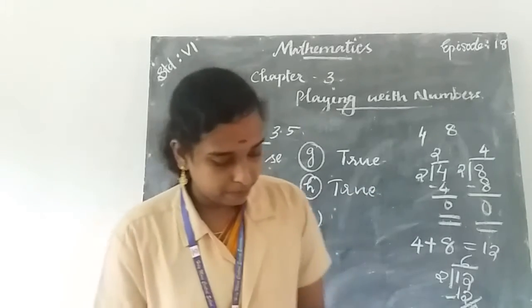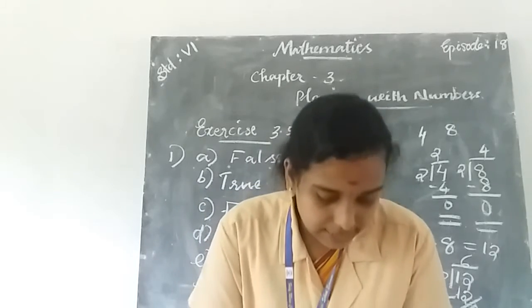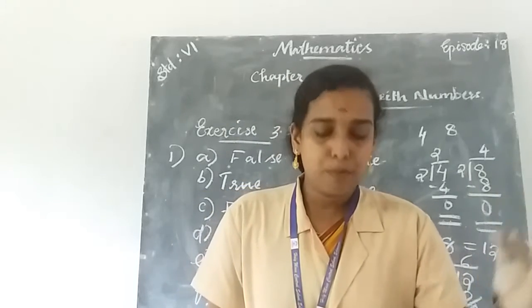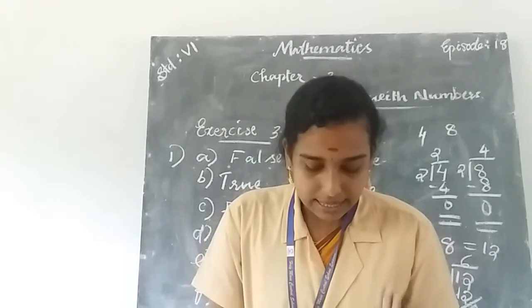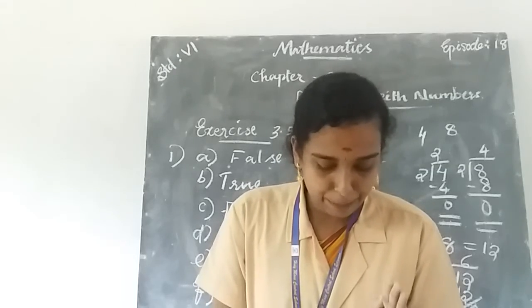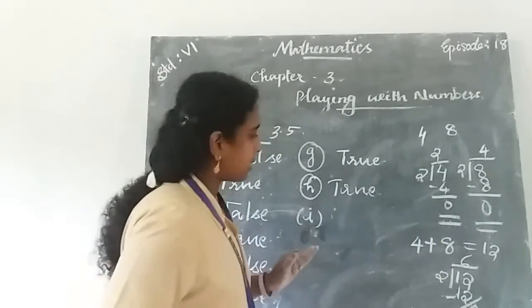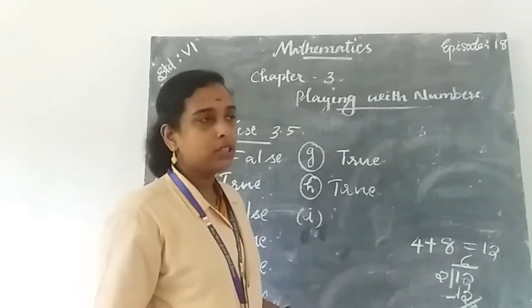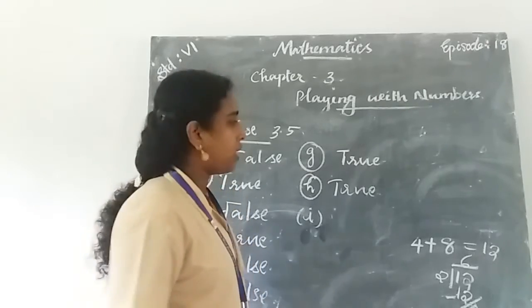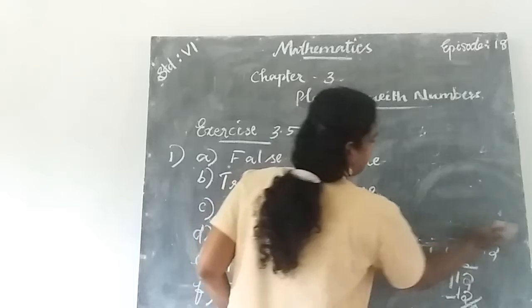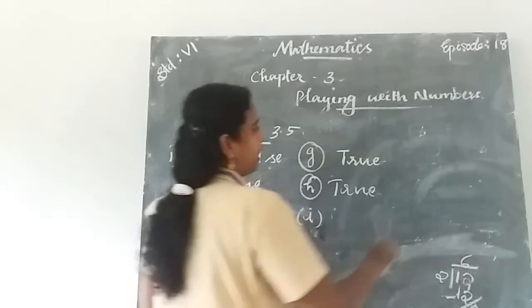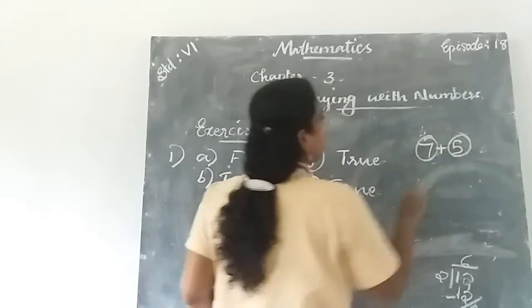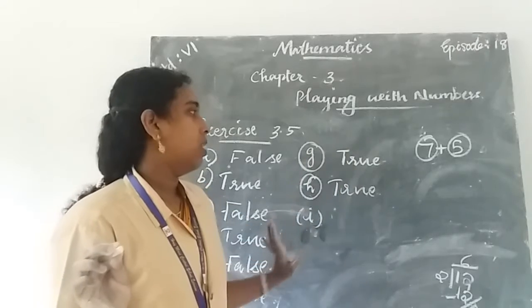And the statement I. If a number exactly divides the sum of any two numbers, it must exactly divide the numbers separately.